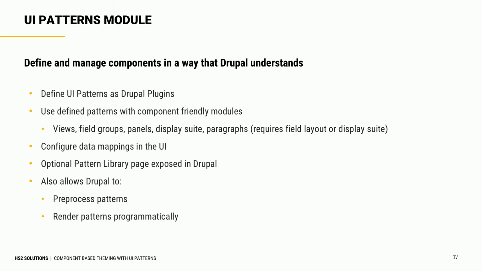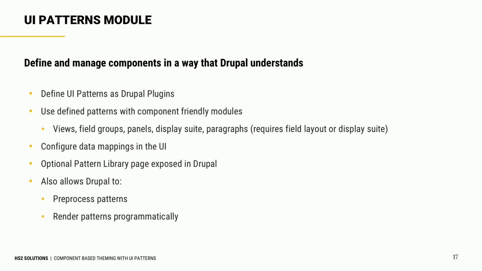So the UI Patterns module, again, lets you define and manage components in a way that Drupal understands. It defines these patterns as Drupal plugins, and then you can use those patterns with component-friendly modules, things like Views and Field Group and Paragraphs and Display Suite.